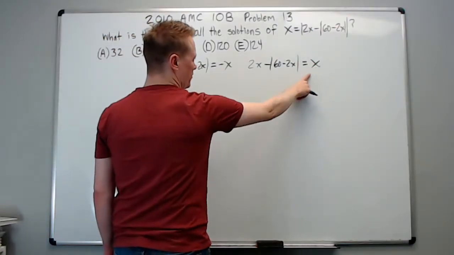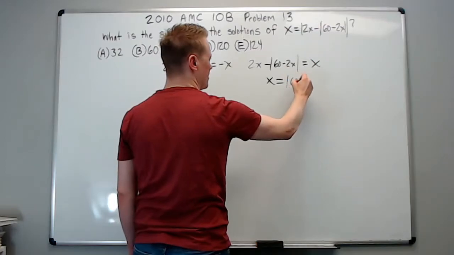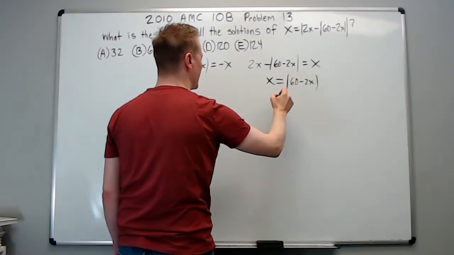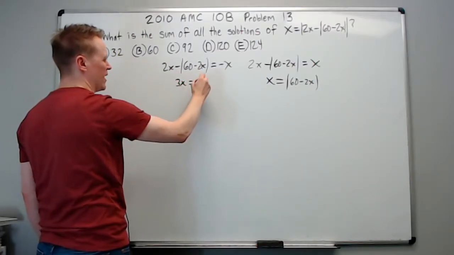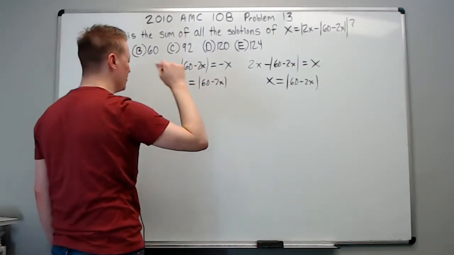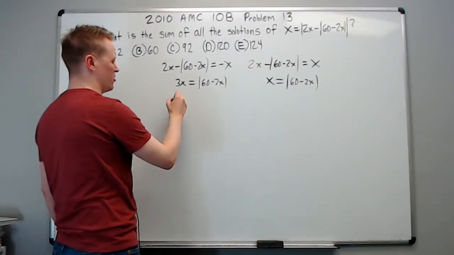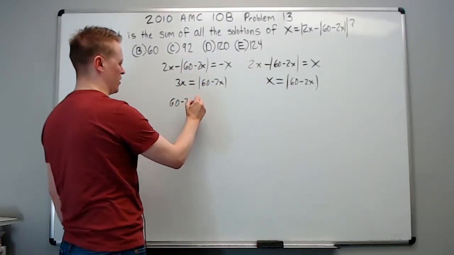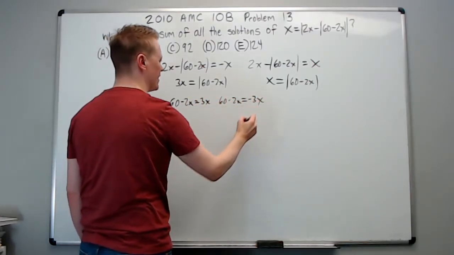And so we're just going to move the x over here and the absolute value over there to get x equals the absolute value of 60 minus 2x. We'll do the same thing here, but we'll get 3x equals the absolute value of 60 minus 2x. We just do the same thing again. So you're going to get 60 minus 2x equals 3x, and 60 minus 2x equals negative 3x.